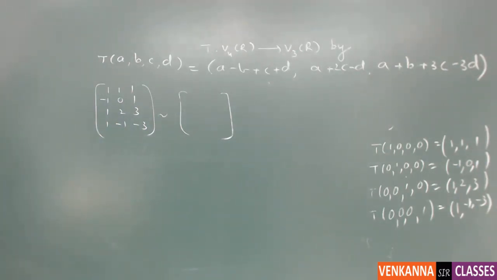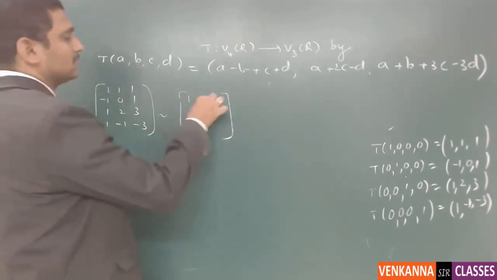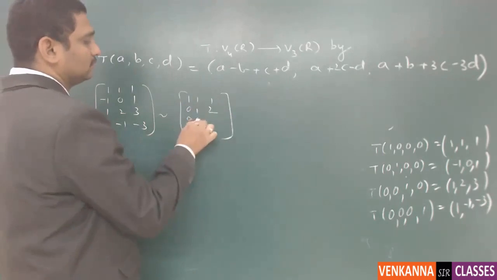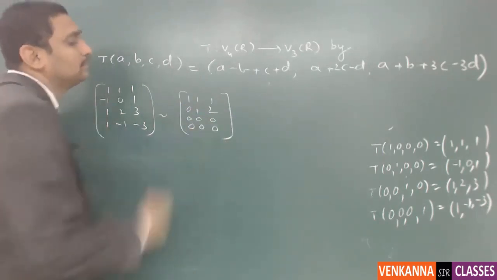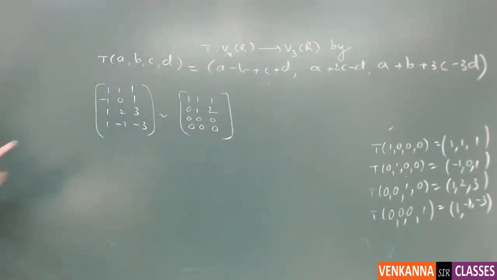Is it necessary for you to write the row operations there? Say, do you require that or not? If you apply the operations, it will come like this. This is the final thing after applying the row operations.